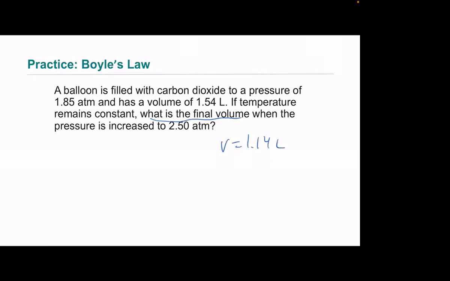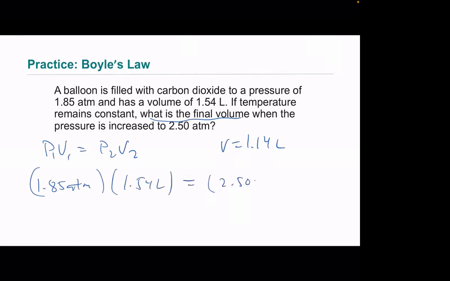Think about it logically. So what we have is P1V1 equals P2V2, 1.85 atmospheres times 1.54 liters equals 2.50 atmospheres times V2. And you see the pressure is increasing. Make sure your volume is less.